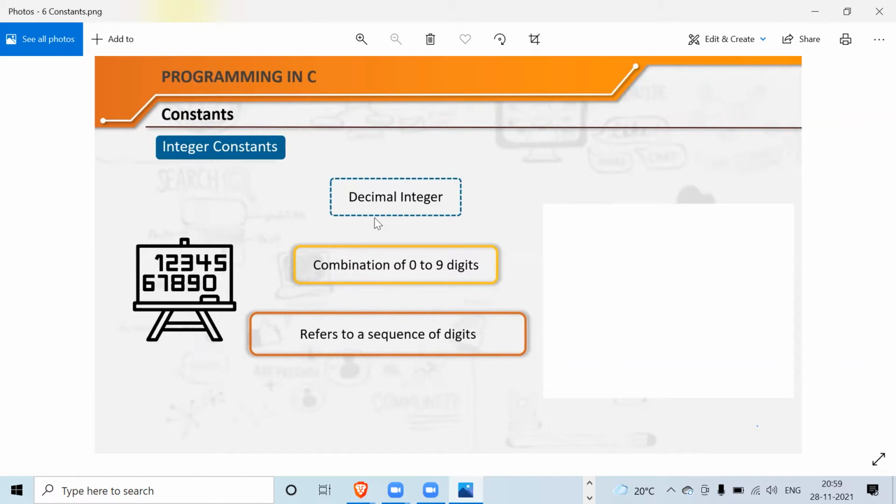Like there is more than one number system. Basically, we are used to studying in the decimal system, like 0 to 9. Everything we do in normal mathematics is between 0 to 9.